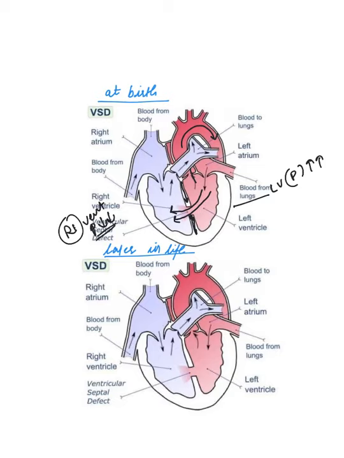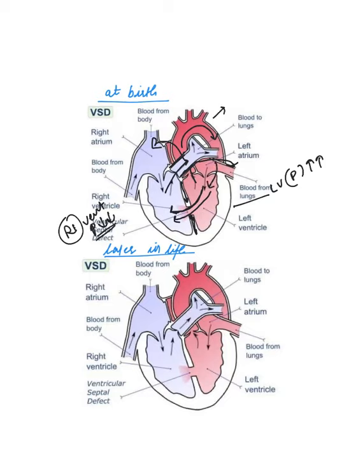The pressure generated by the left ventricle and the volume is diverted towards the right ventricle and the pulmonary circulation. This oxygenated blood from the left ventricle goes into the pulmonary artery, goes into the lungs, gets oxygenated and comes back to the left ventricle.